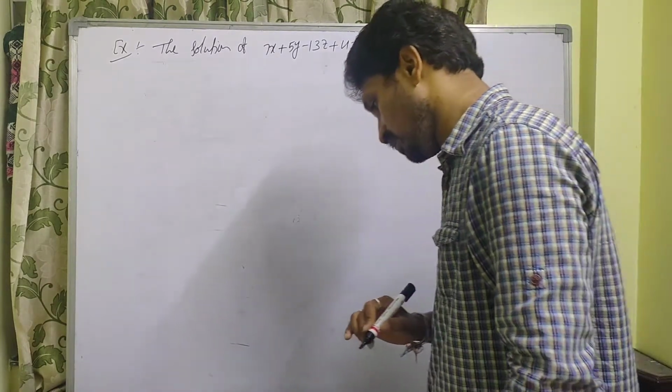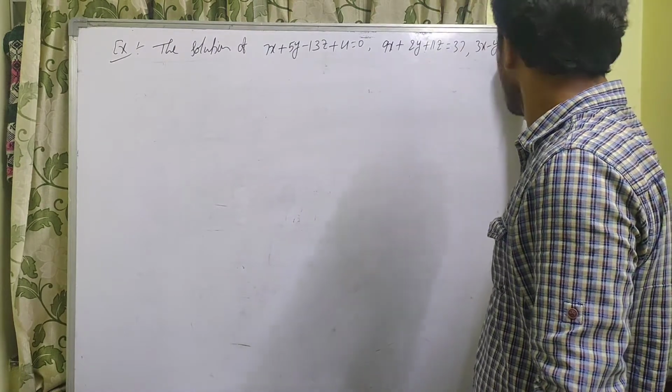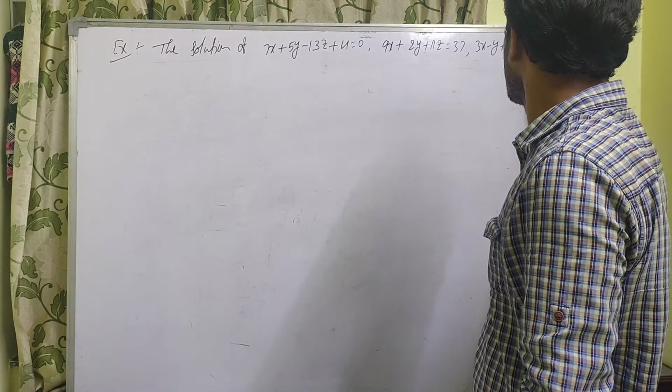Next, the third equation is 3x minus y plus z is equal to 2.